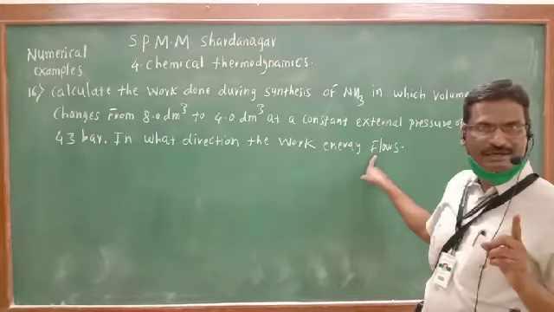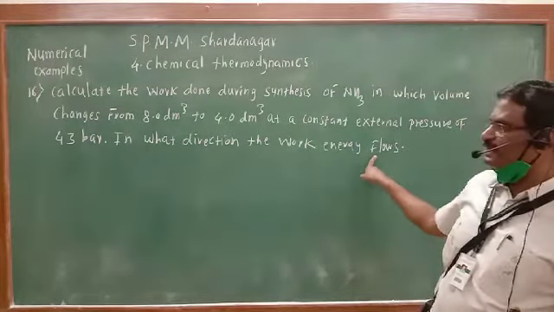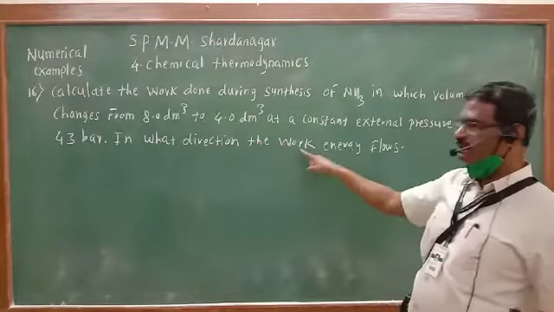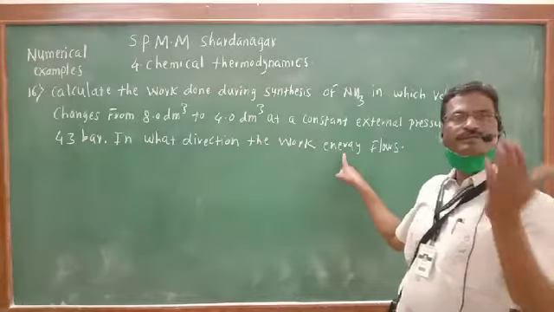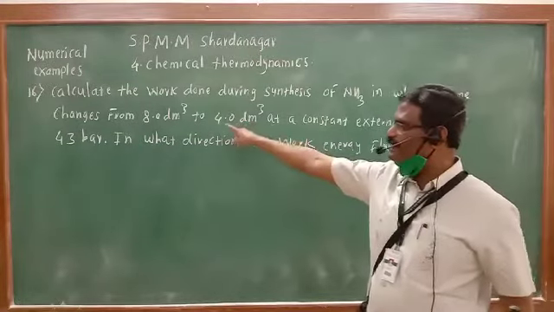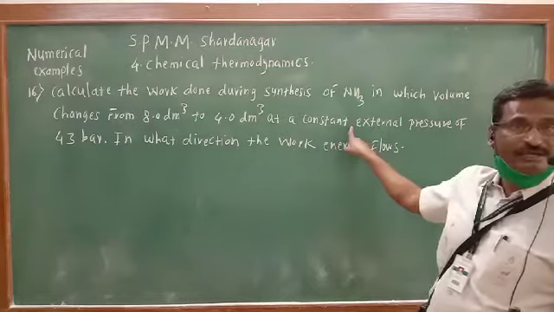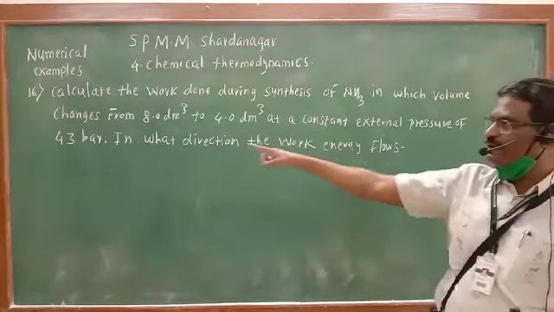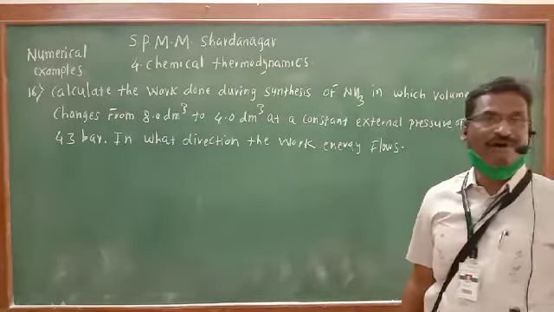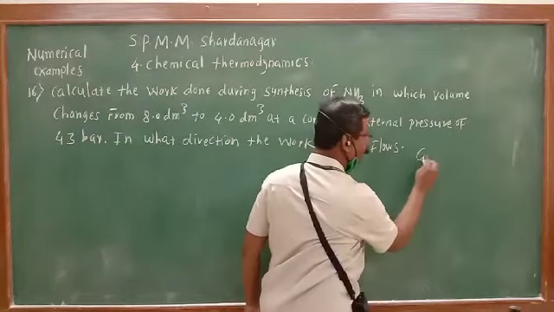It is compression, so that is work done by surrounding to the system. So there is a flow of work energy from surrounding to the system. Now we have to calculate the work done where change in volume and constant pressure 43 bar is given.